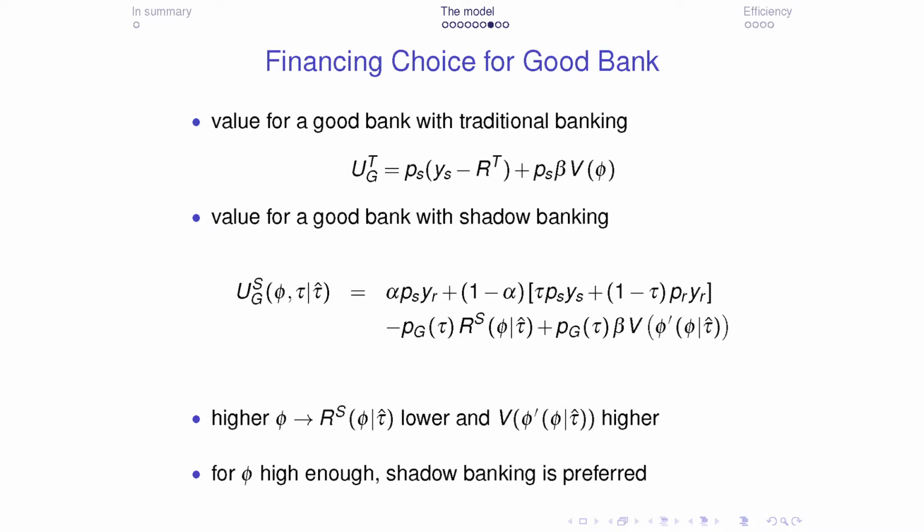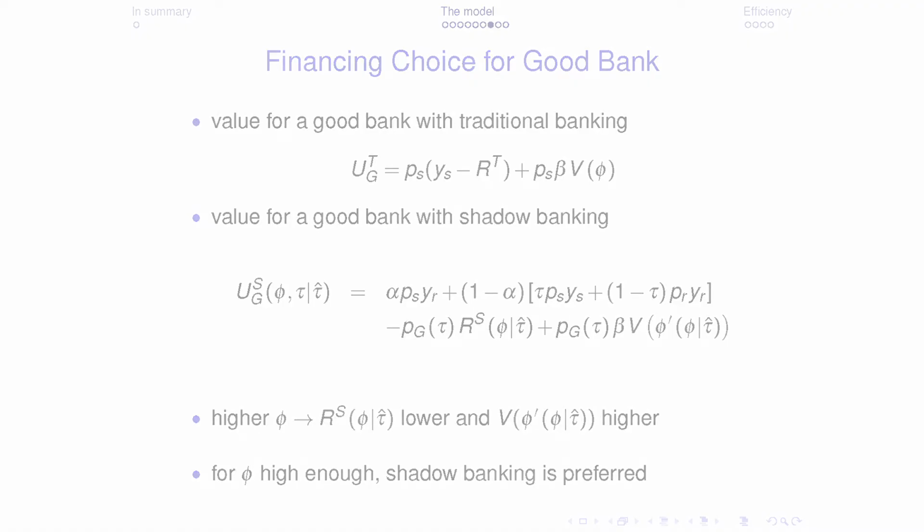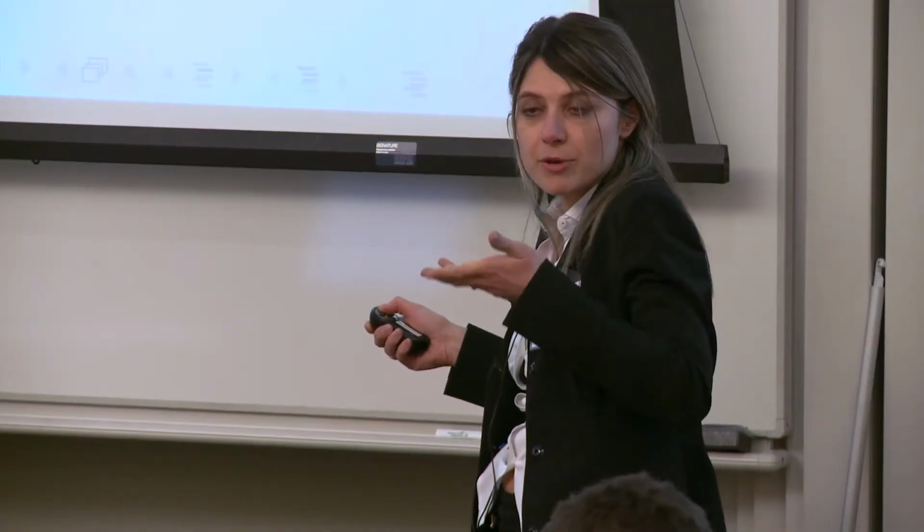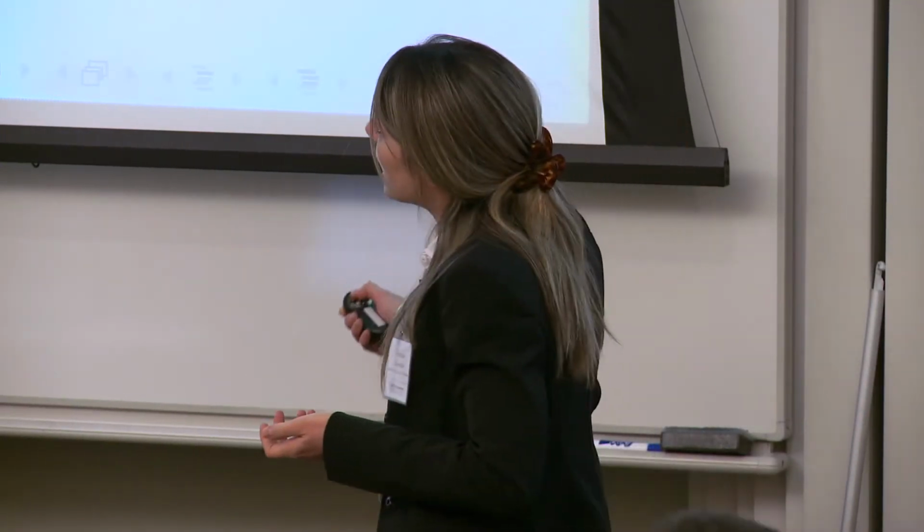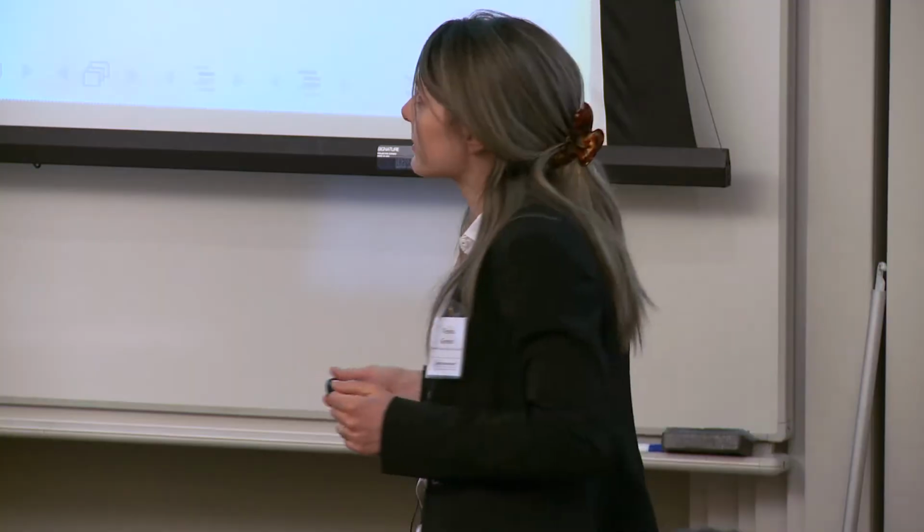And the continuation value that the bank gets is weakly higher, meaning strictly higher if tau is 1 and the same if tau is 0. For both these reasons, the utility of participating in the shadow banking system increases, which means that for a fee high enough, the bank is going to choose the shadow banking system.